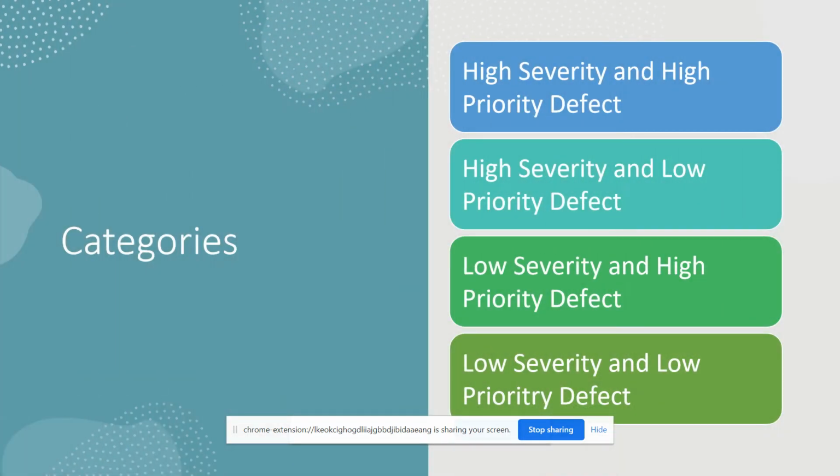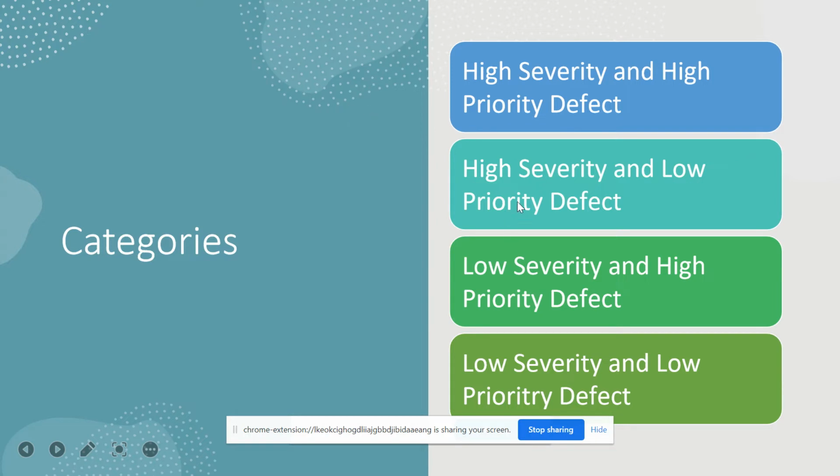They will always ask you, can you give me examples of a high severity and low priority defect, or a low severity and high priority defect. So these are the categories. They will ask you to give examples of each category. The categories are high severity and high priority, where the severity is high and the priority is also high.